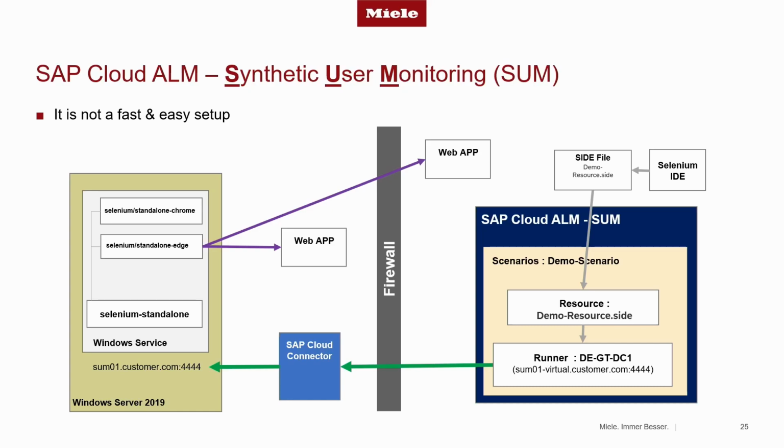And the runner is an element which is responsible for the connection over the cloud connector to the machine where the Selenium software is running. The runner is in Zoom only a configuration.